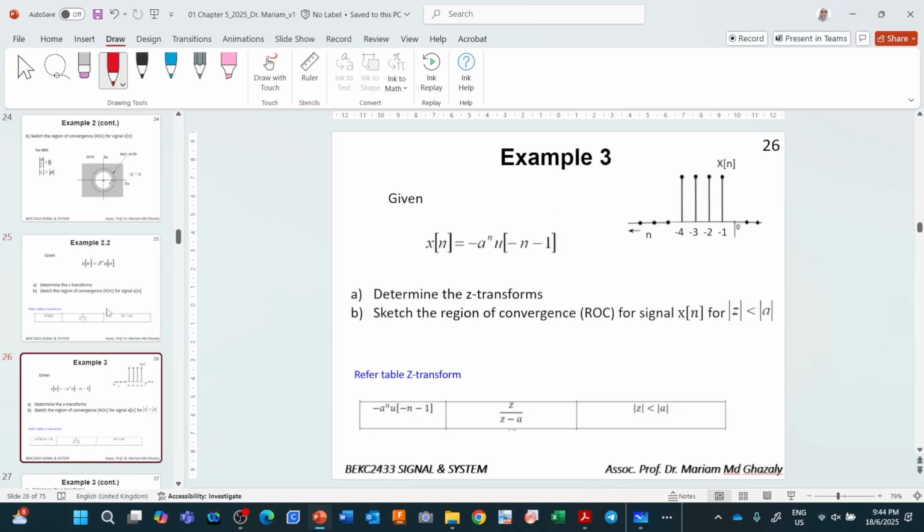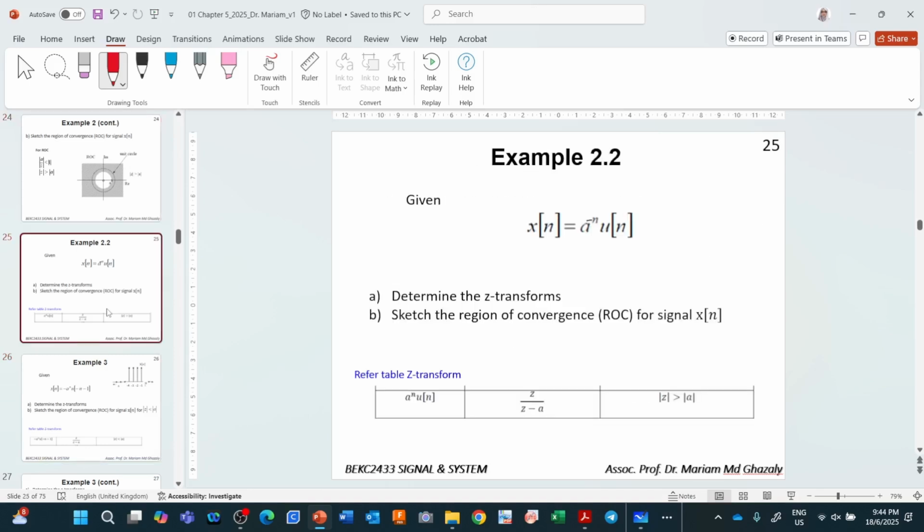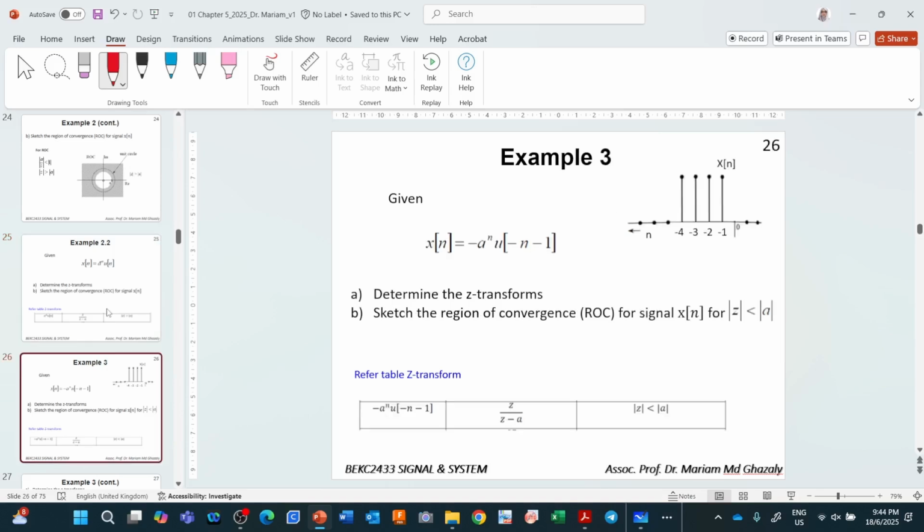tomorrow. And another example, example 3. Example 2.2 is still a right-sided sequence because of u[n], right? Okay. Example 3, if you look at it, is it left-sided or right-sided?